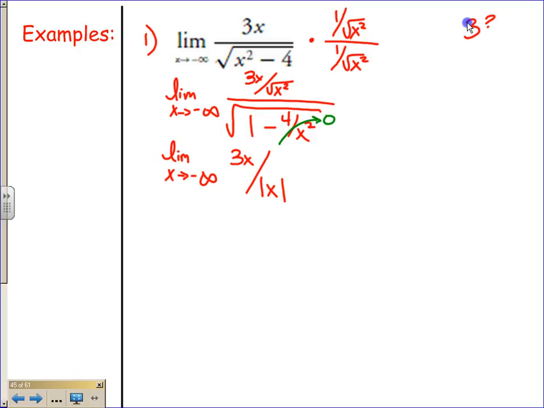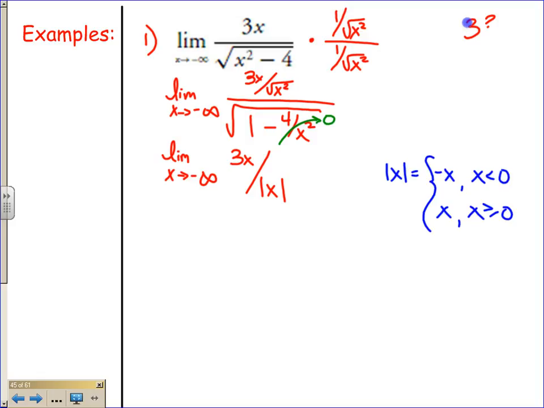Hold on. Let's see. How can I reduce the square root of x squared to the absolute value of x? Isn't the absolute value of x the exact same thing as a piecewise function, where it's itself as long as x is greater than or equal to 0, but it's the opposite if x is negative? That's something from Algebra 1, or it should have been from pre-cal last year.